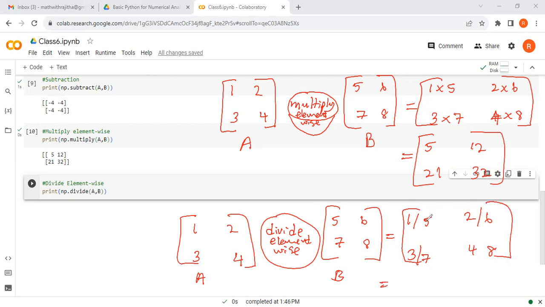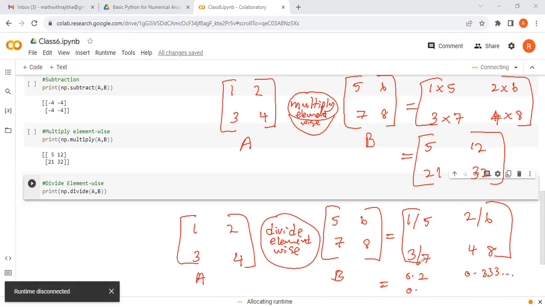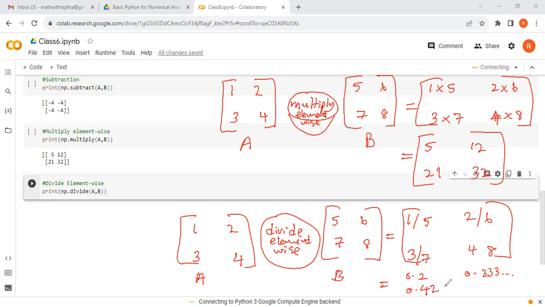So 1 divided by 5 is 0.2. 2 divided by 6 means 1 divided by 3, 0.333, a recurring decimal. 3 divided by 7 is 0.428. 4 divided by 8, 1 divided by 2, 0.5.